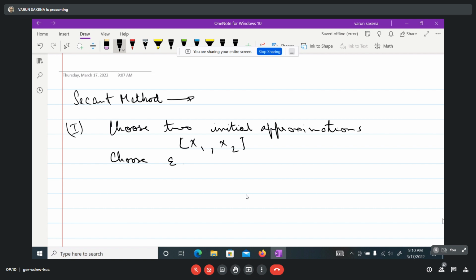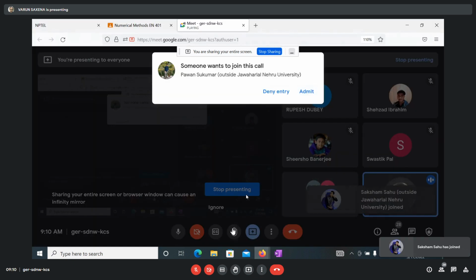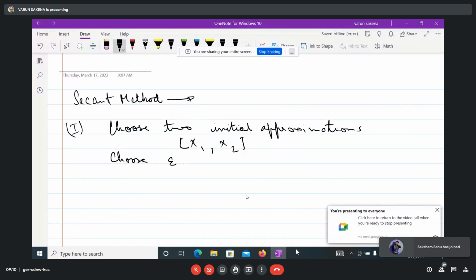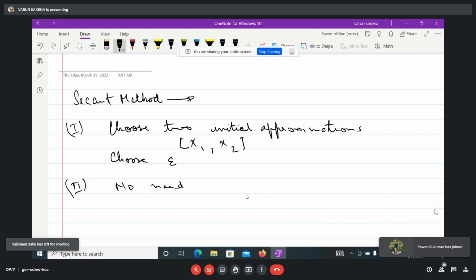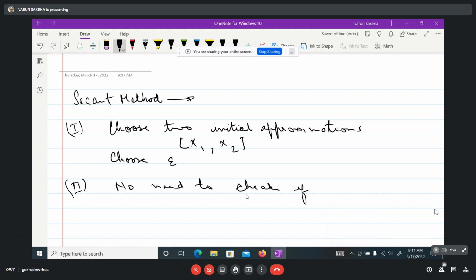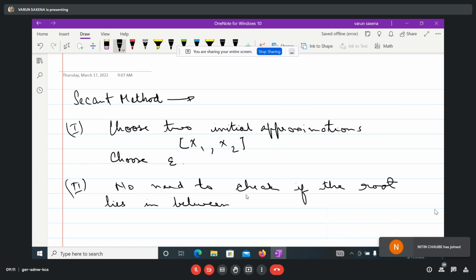That is the kind of danger here, because you don't know where you're starting. So the second point is that there is no need to check if the root lies in between the proposed interval.